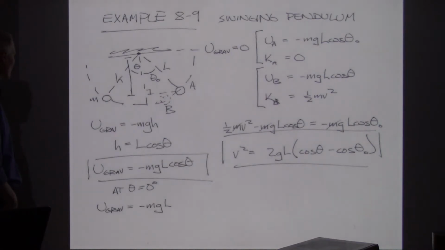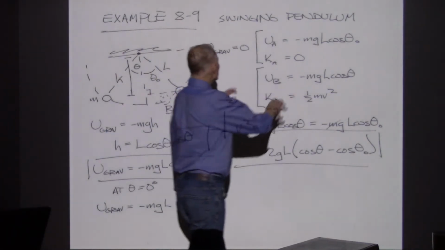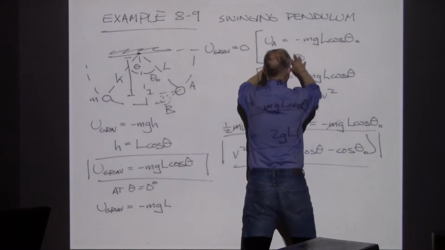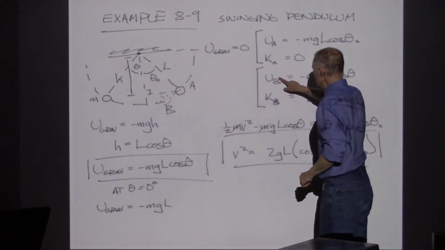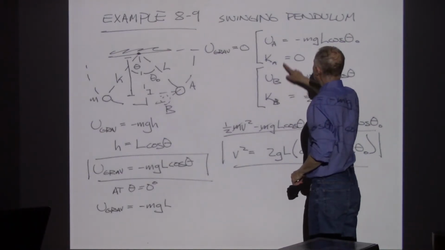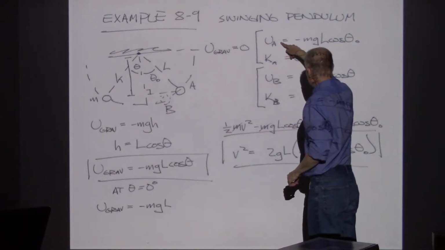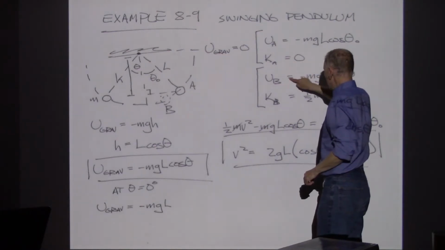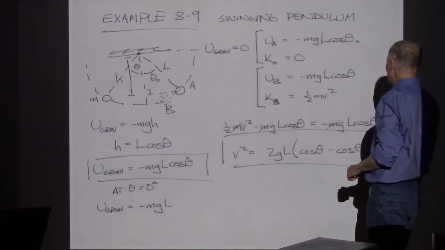Okay, we need one more expression here. Since this dropped out, what we can say is that the kinetic energy at point B is equal to the potential energy at point A minus the potential energy at B. There we go.